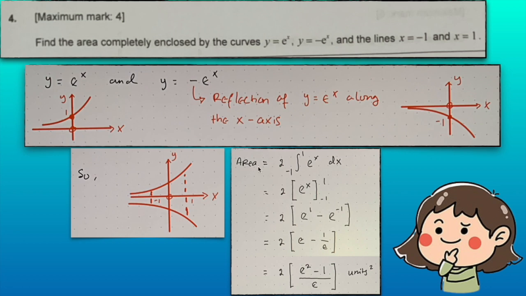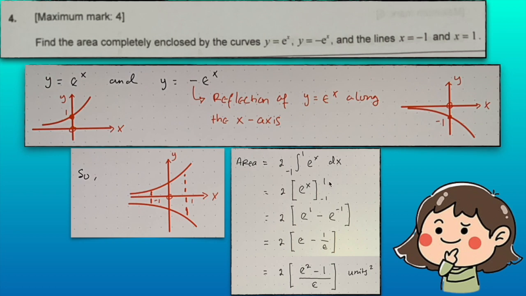Okay, so again the area is equal to 2 multiplied by the integral, because we are finding area, from negative 1 to 1 of e to the x with respect to x. The integral of e to the x is just e to the x. You can find this in the formula booklet, and we put in the lower boundary and the upper boundary.